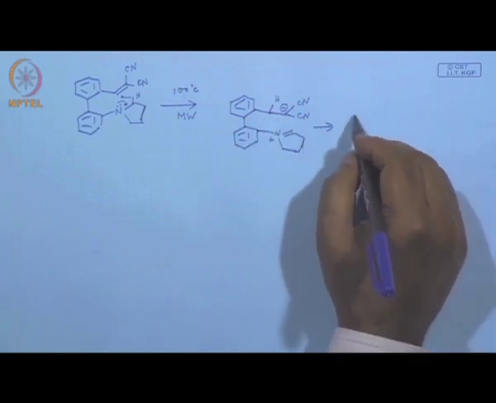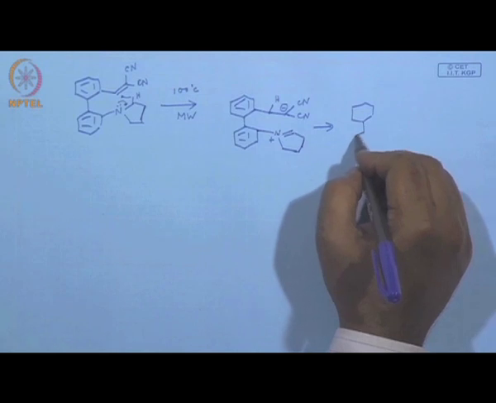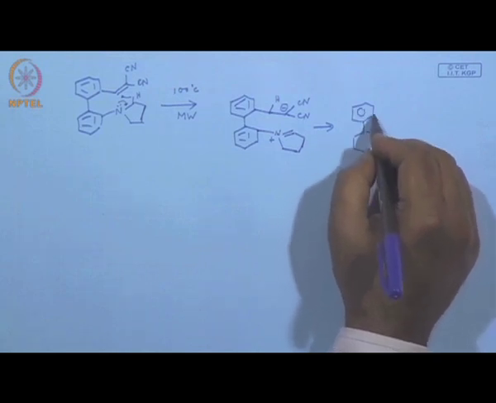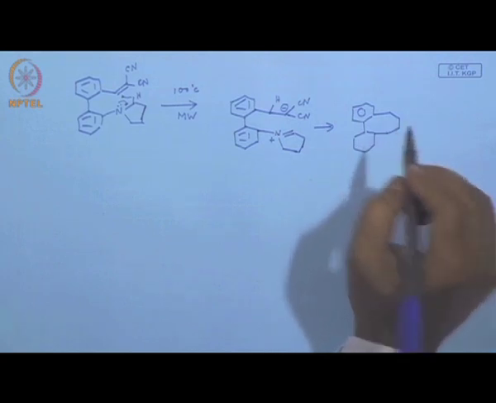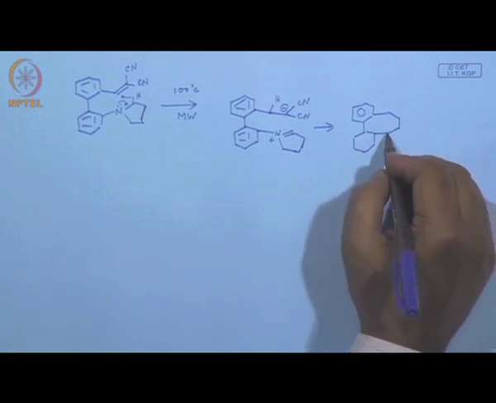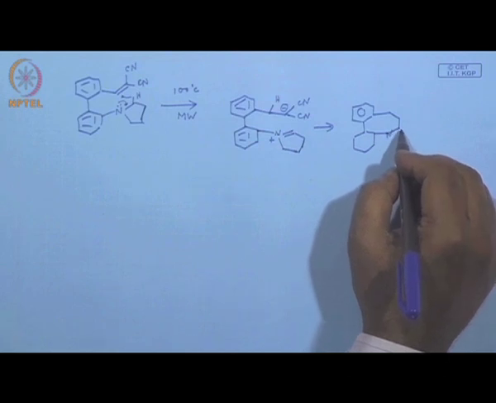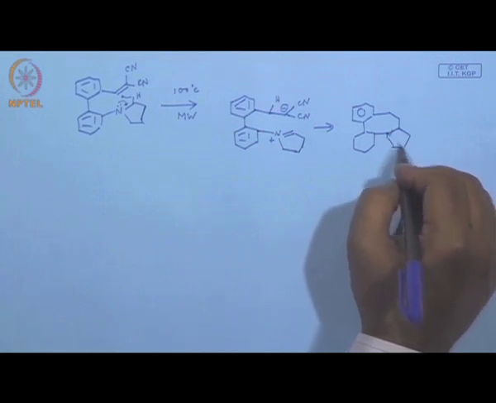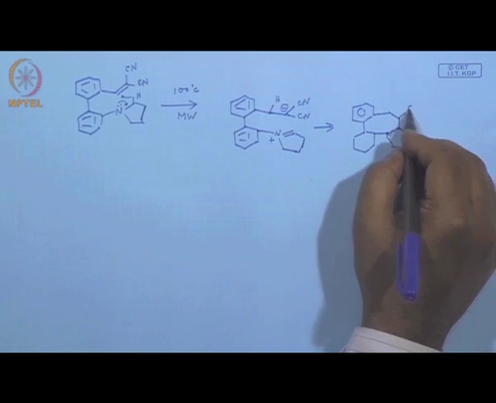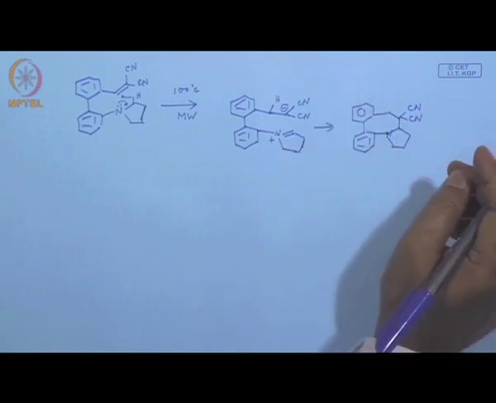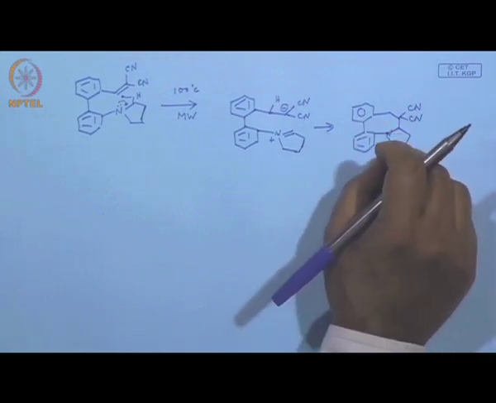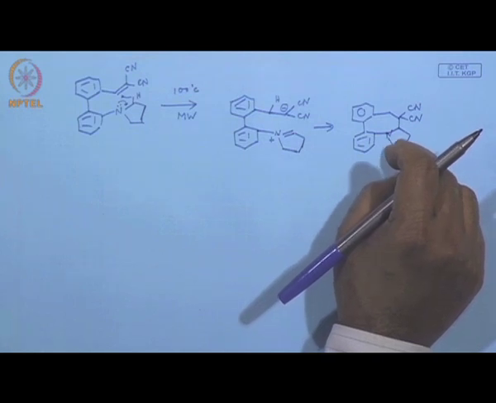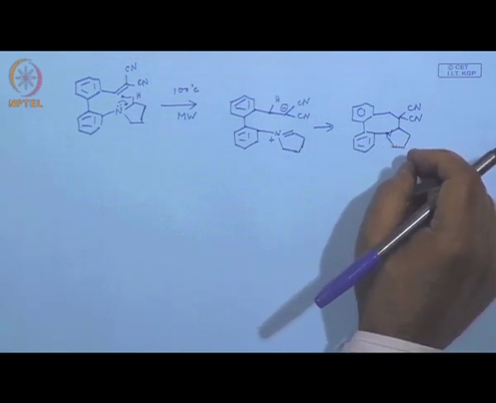So, you get an 8-membered ring system. And we have nitrogen here, this 5-membered ring, and this 2 substituent is a cyano. That means it is very general, and one can use this for the construction of an 8-membered ring system.